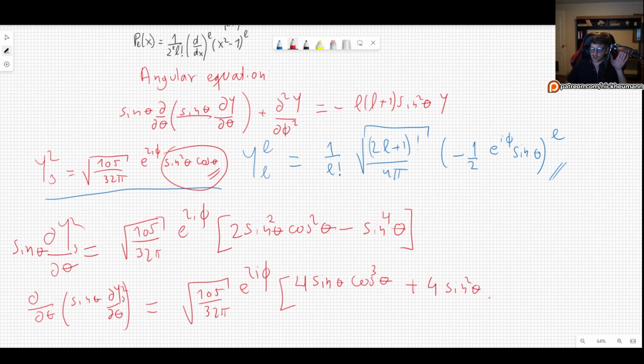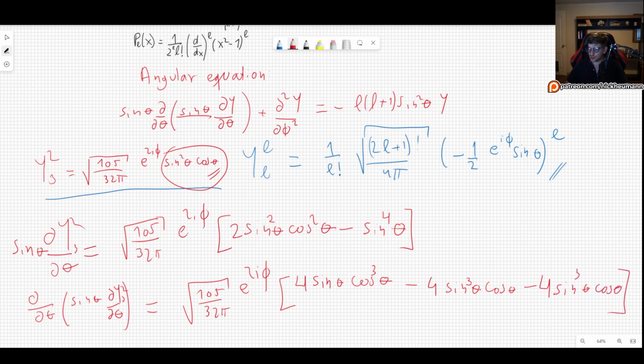I didn't touch it. Now the cosine theta times the derivative of cosine theta, which is minus sine. So minus, and we get sine cubed. And then we have this derivative, which will be minus 4 sine cubed of theta cosine theta.